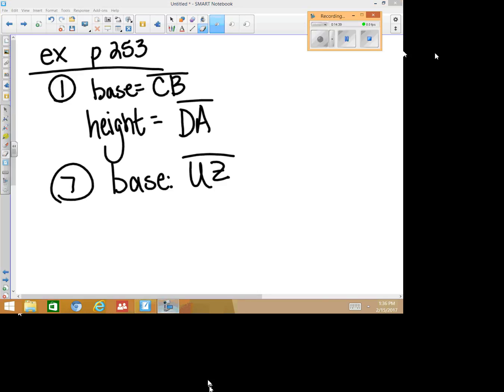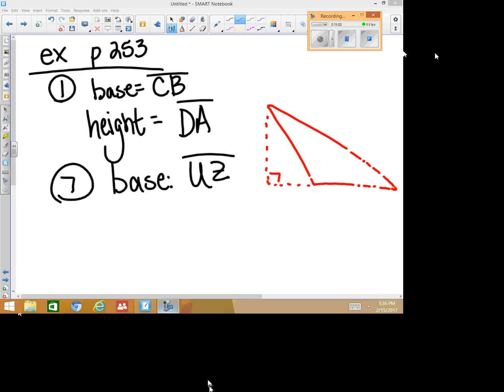Okay, good. Because if you look at this triangle, it looks like this, right? And it kind of has this little angle right there. Do you remember me telling you that the height always touches the base?